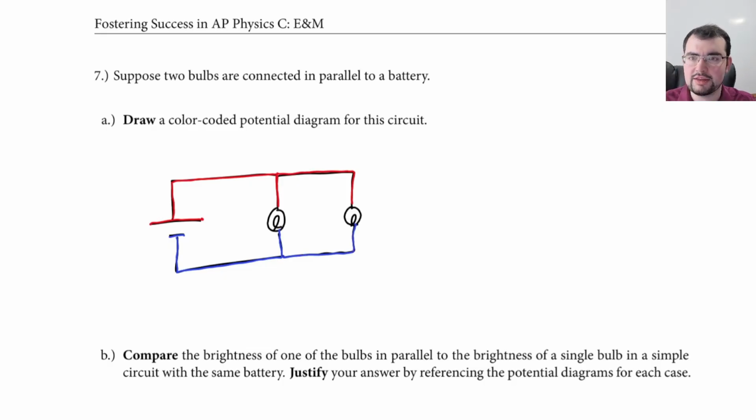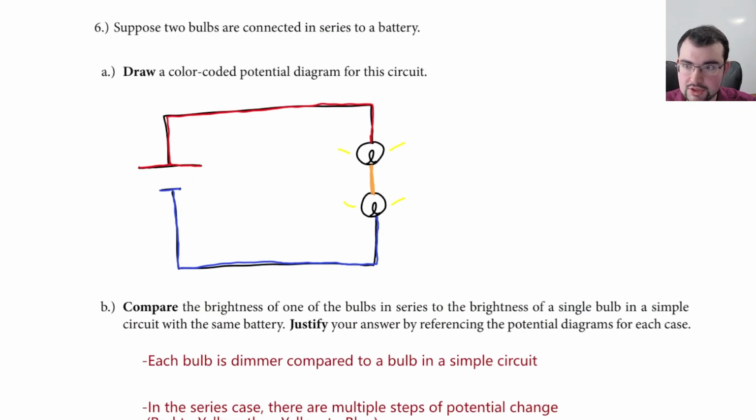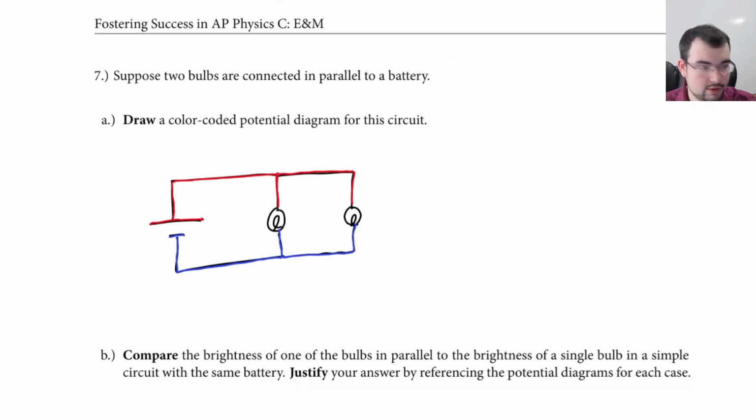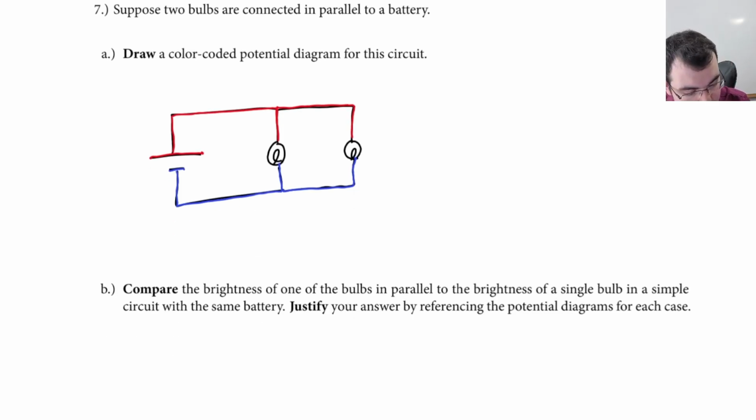And now we get something that is counterintuitive to a lot of people. A lot of people think that adding two bulbs is always going to decrease the brightness, like it did in the series case. But here, we actually get the same brightness for each. And it's the same as it was when there was just one bulb.